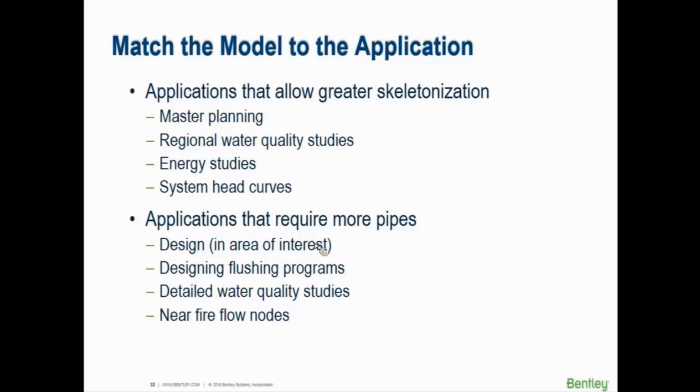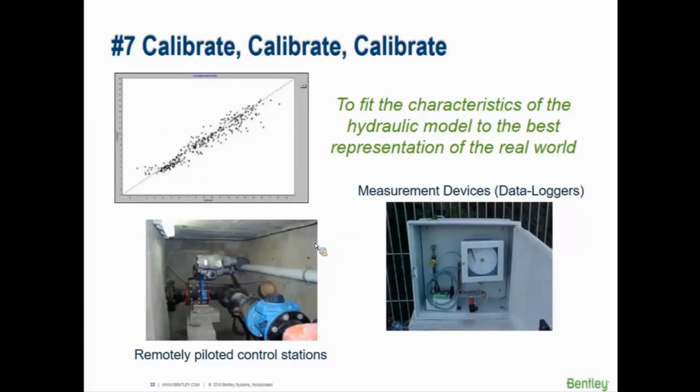The model cannot predict as well hydraulically as it should if you're starting to limit the number of connections or reducing the loops, which is what skeletonizing begins to do at some point.